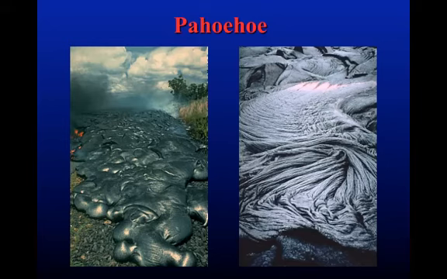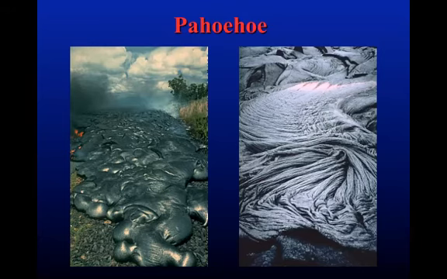And part of what's affecting the viscosity is not just the temperature and the silica, but also how much gas and how many phenocrysts are in the lavas. The phenocrysts form before the lavas erupt, crystallizing early on while the magma is still in the magma chamber. And then when it erupts, it brings all these phenocrysts along.